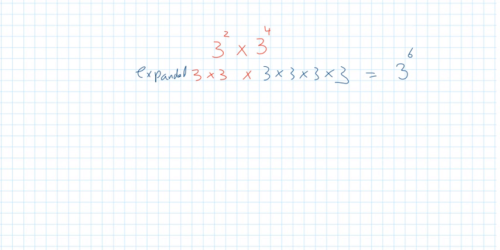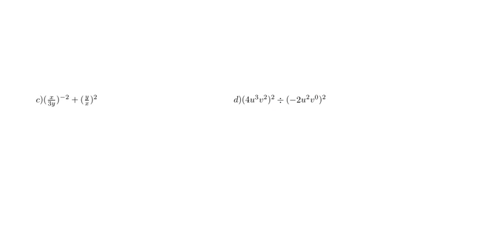So basically, what happened here is I kept the base 3, and it stayed 3. I took my exponents and added them, which gives me 3 to the power of 6. So this is where this formula came from.